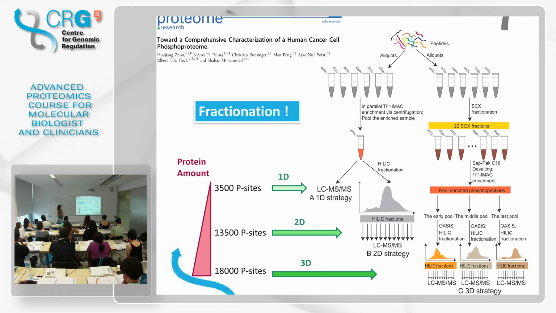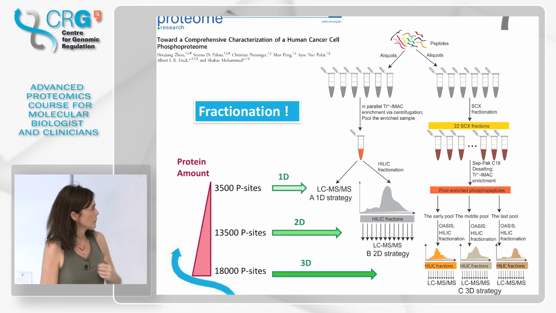Here you need to start maybe with 30 milligrams or 100, and here you start in the range of micrograms. So these are all things that we need to take into account when we approach this, not necessarily like an analytical experiment, but a biological question that we want to answer and what we want to know. Okay?